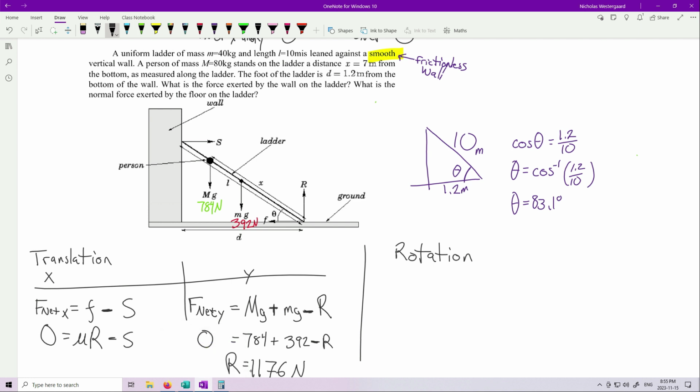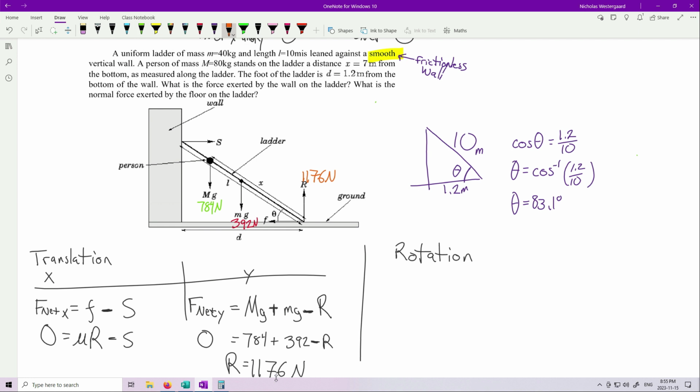We actually already got the normal force exerted by the floor just by using our translation, just by using our net force, because if this is in equilibrium, it's not going down and it's not going up. That means my up-down gives us everything. That's very, very convenient. 1176 newtons.